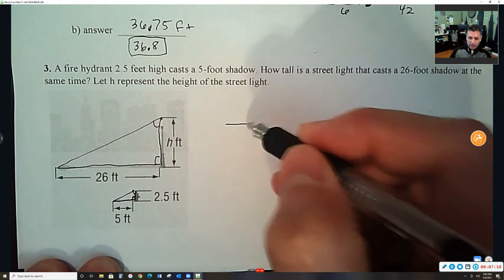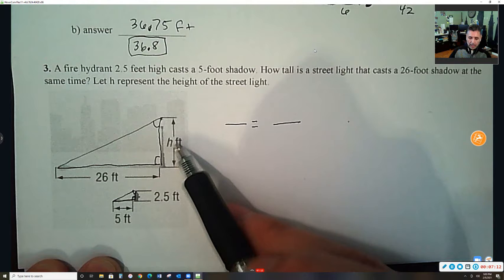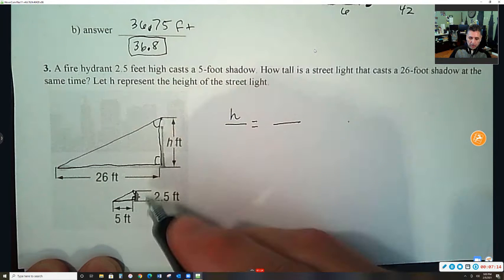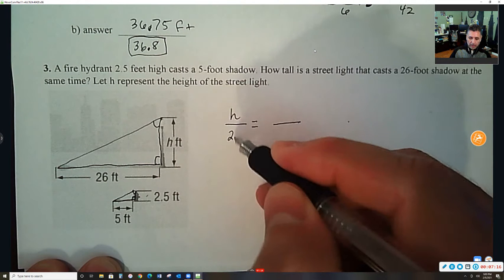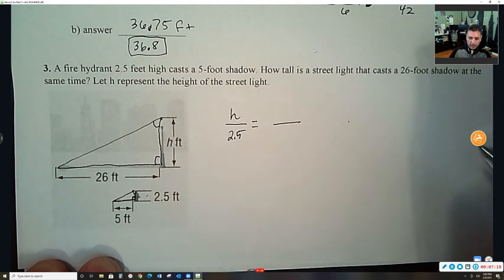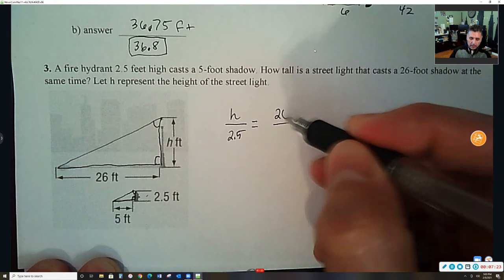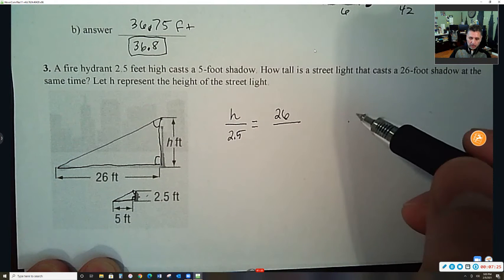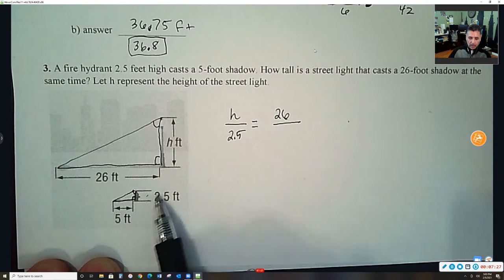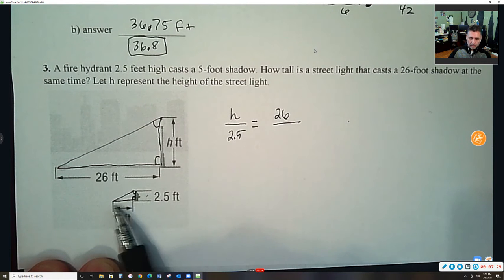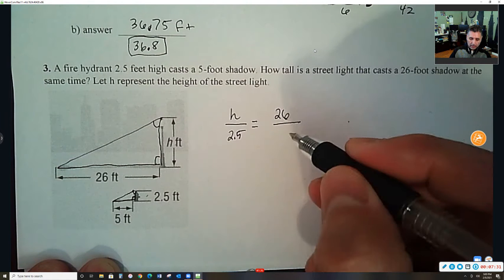Now to solve this is simple. Take the height of the lamppost, put it with the height of the fire hydrant, and then the shadow length of the lamppost, or the street light, I guess it's a street light, with the shadow length of the fire hydrant, 5 feet.